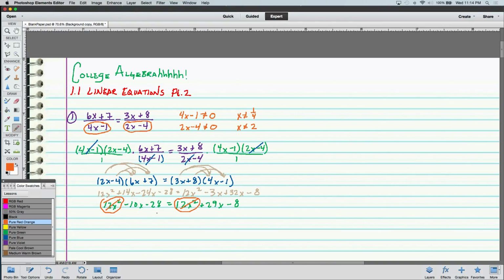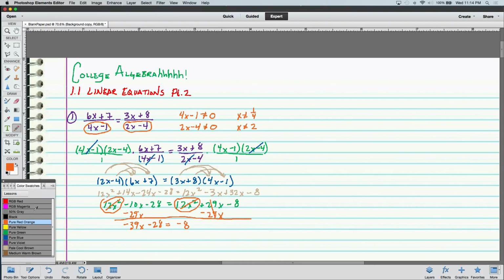So let's just move the 29x by subtracting. We're going to subtract 29x from both sides. Negative 39x minus 28 equals minus 8.